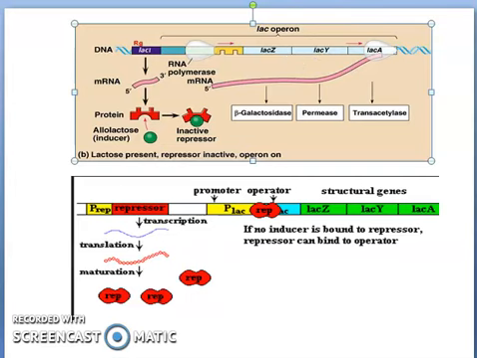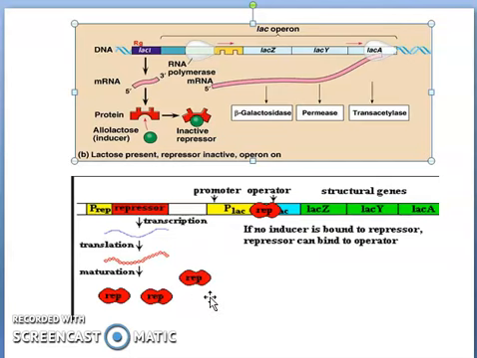Now what happens in absence of a lactose? See, in the second diagram, when the lactose is absent, it does not need any enzyme for its breakdown. So from here the translation process is taking place and it is producing the repressor. Here there is no lactose, so there is no inducer, which is allolactose, to bind the repressor.